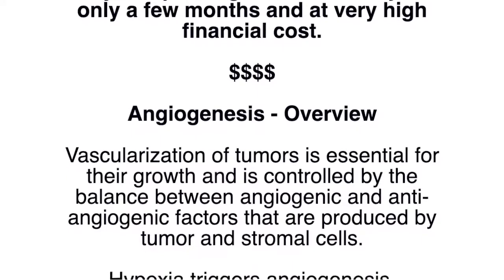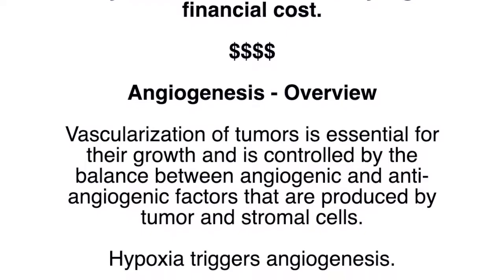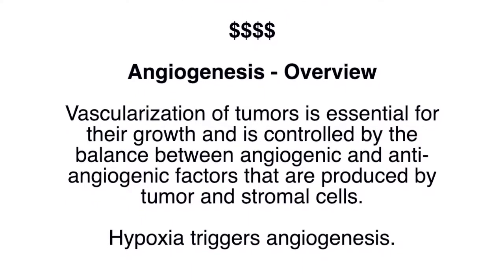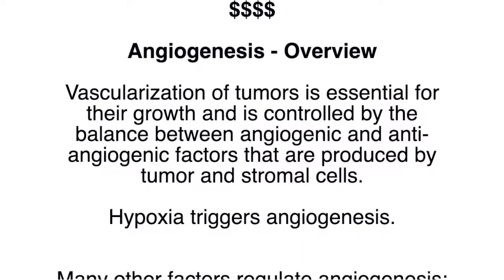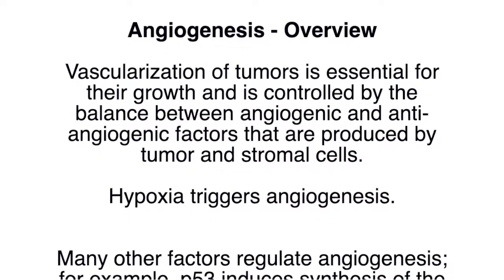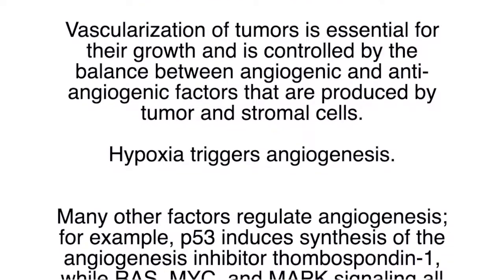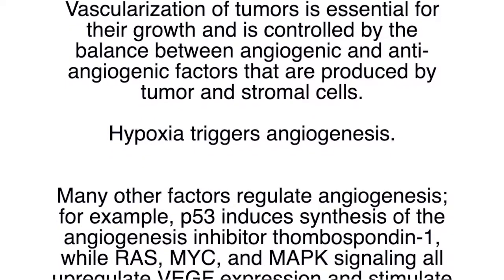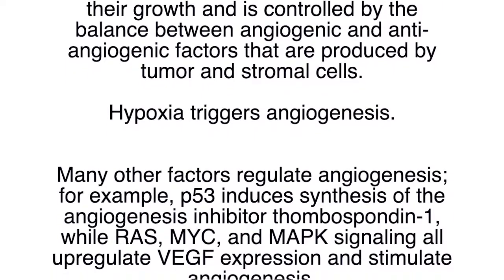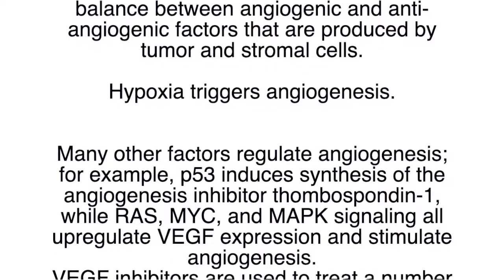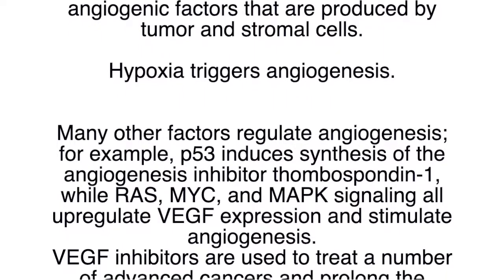Angiogenesis overview. Vascularization of tumors is essential for their growth and is controlled by the balance between angiogenic and anti-angiogenic factors that are produced by tumor and stromal cells. Hypoxia triggers angiogenesis. Many other factors regulate angiogenesis.